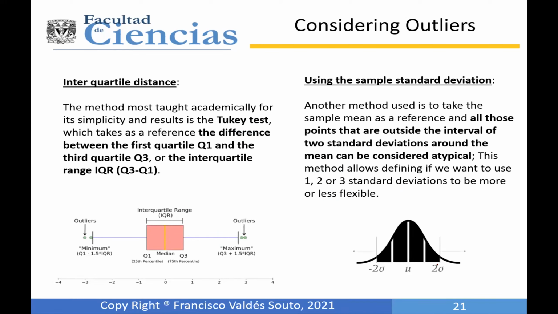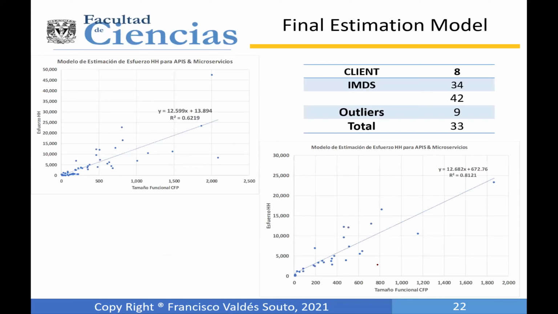For the standard deviation, it is two standard deviations to the left and to the right. After doing that, from the database integrated only with the Mexican database and the client database, we have 42 projects instead of 47. However, 42 projects could be considered enough because we are only considering one variable, in this case effort.